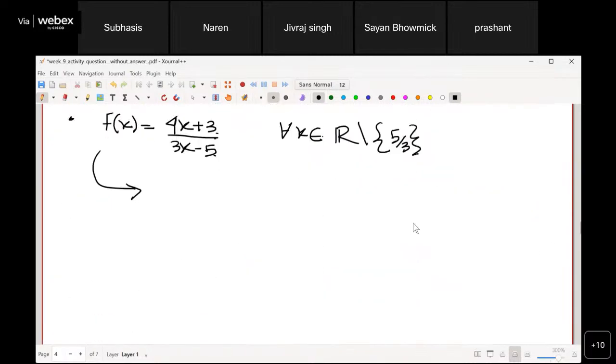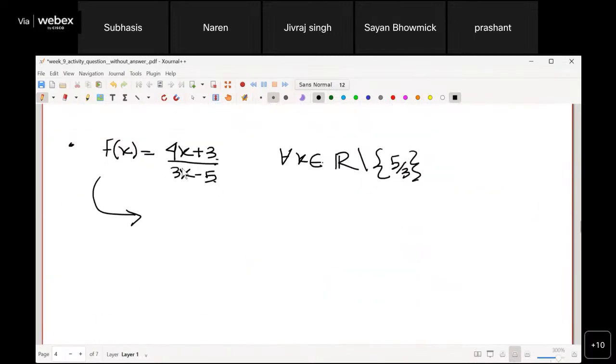Drawing the graph of this function is not that difficult, but again, it's not that easy either. You can simply do it directly.